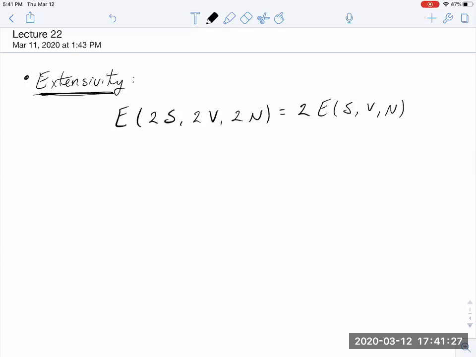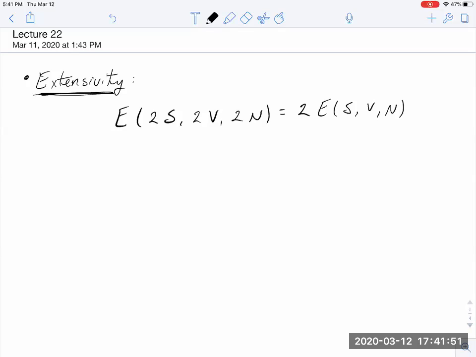So we talked through also that this is kind of odd because the energy should change if I bring 2 physical copies of a system together. And so this is only a reasonable approximation when we are dealing with macroscopic systems whose surface to volume ratios are very, very small.